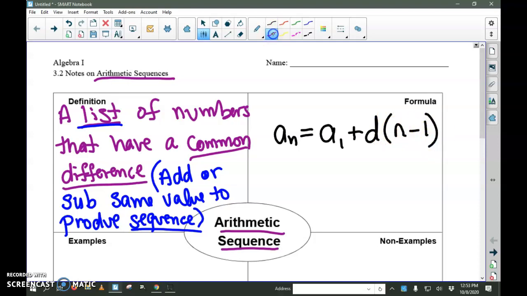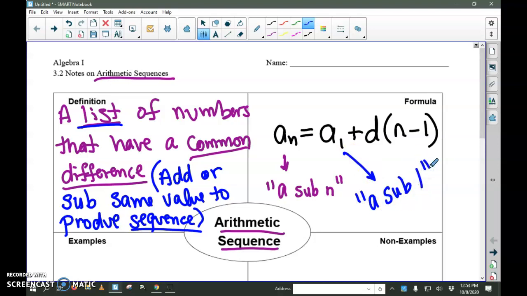And you hear me with this verbiage, I'm saying a sub n, because n is a subscript, and so we say sub as in subscript, okay? And this is a sub 1, and we'll talk more about what those things mean here in a little bit, but that's how those are pronounced. D, by the way, is this common difference, okay? D represents that common difference.